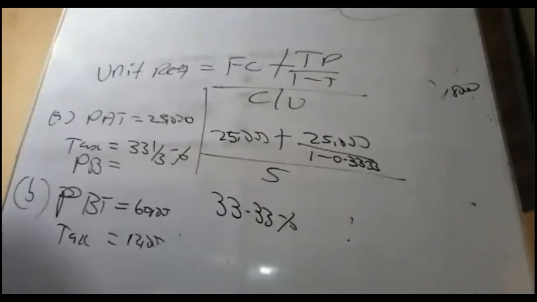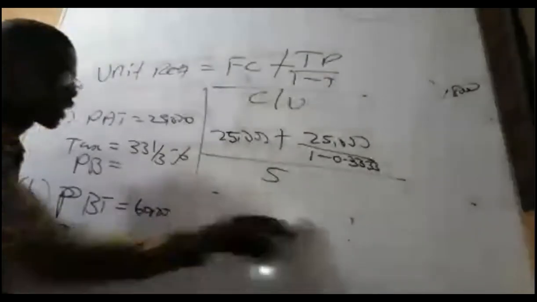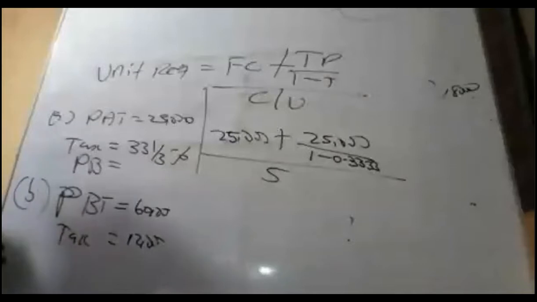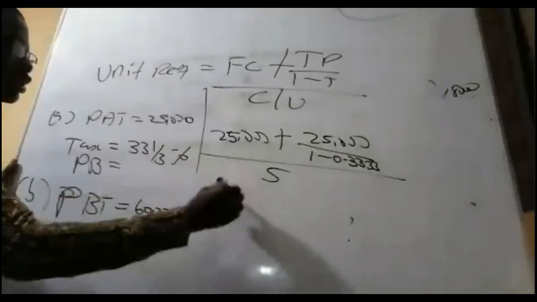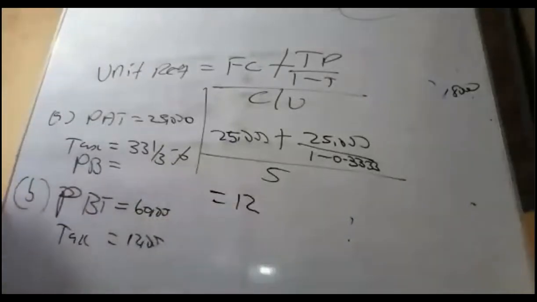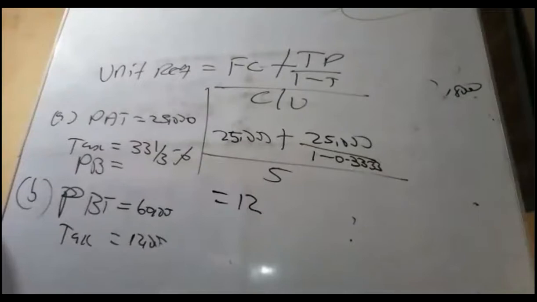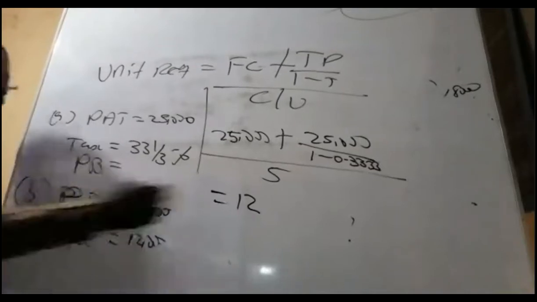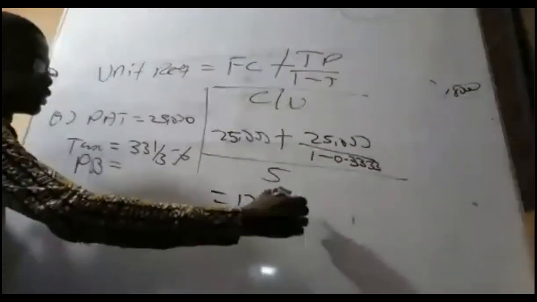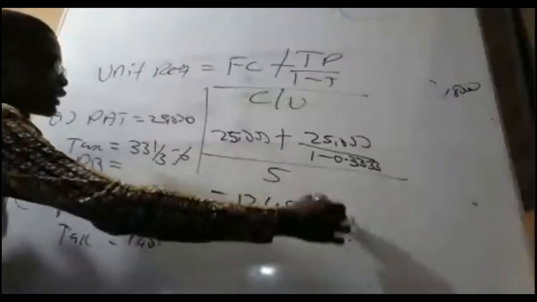So here the final answer will be 12,482 or so, 12,496 units.